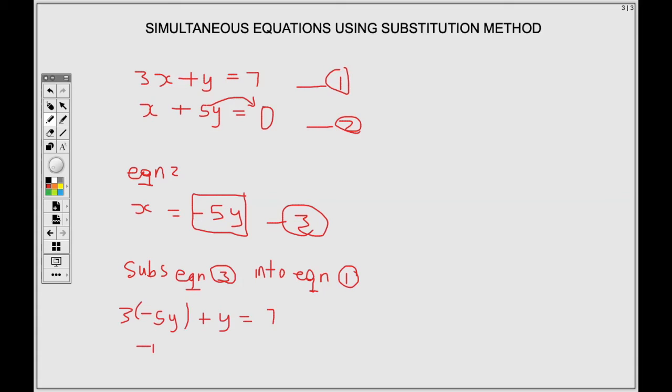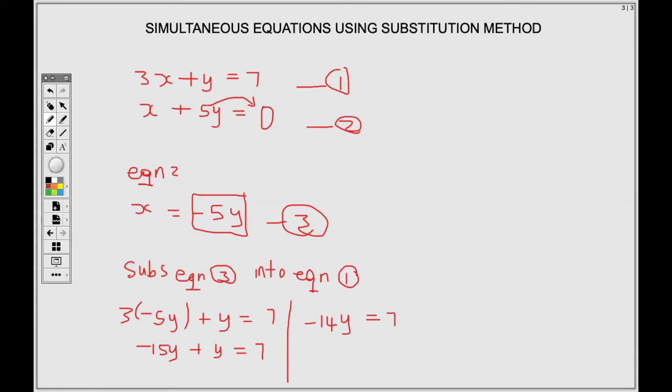Now simplifying what I have, 3 times negative 5y, that's negative 15y, plus y equal 7. Then negative 15y plus y, that gives us negative 14y equals 7.